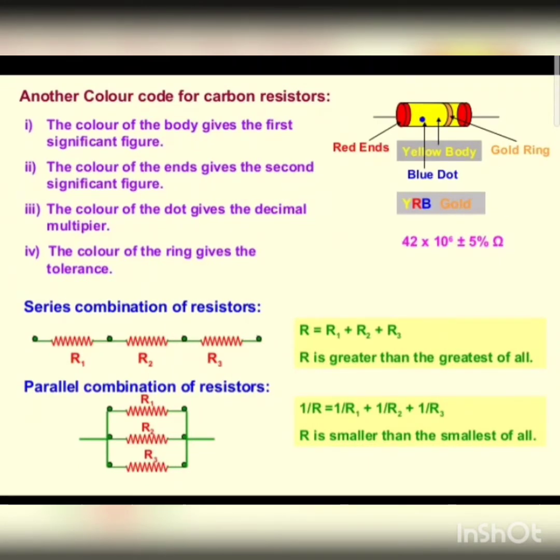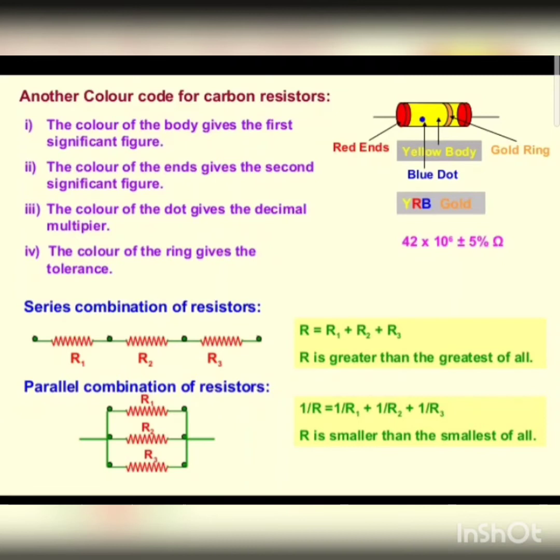Our next topic, resistors in series and parallel combination. Let us consider resistors of resistance R1, R2, R3 connected in series combination. Let I be the current flowing through the resistors. According to Ohm's law, V is equal to IR, so for the first resistor V1 is equal to IR1, the second resistor V2 is equal to IR2, and the third resistor V3 is equal to IR3.